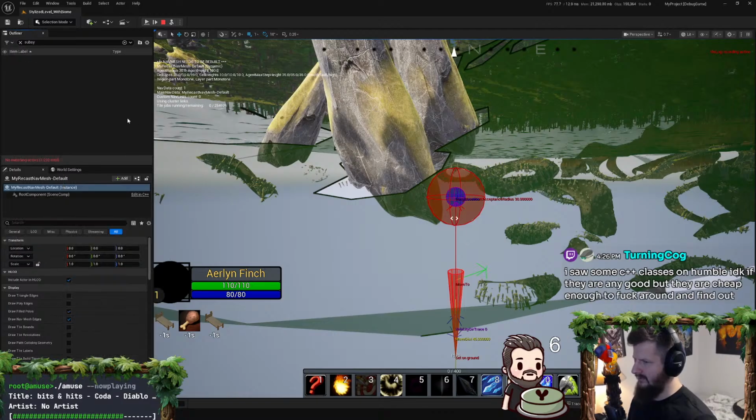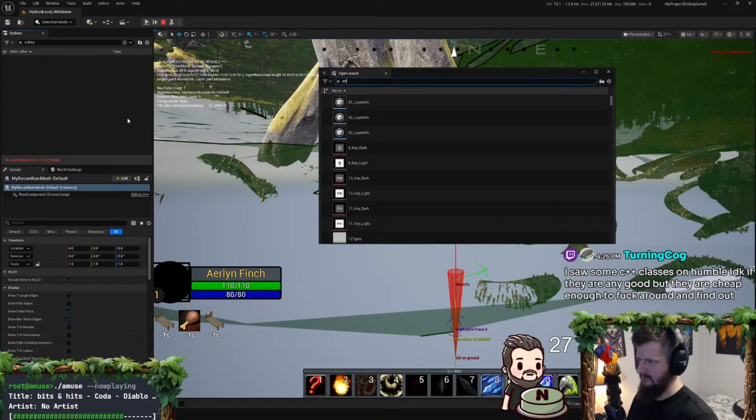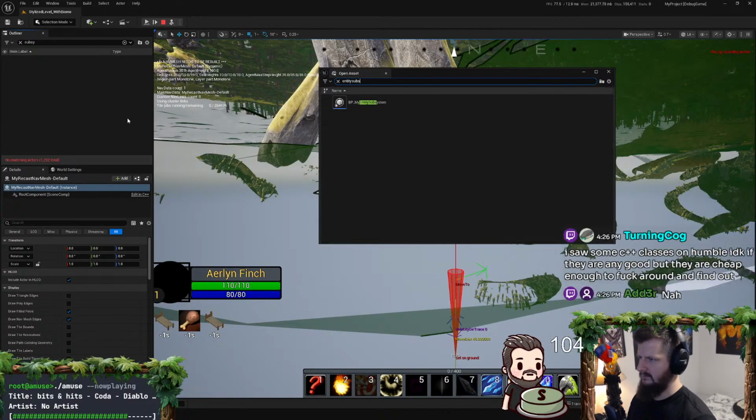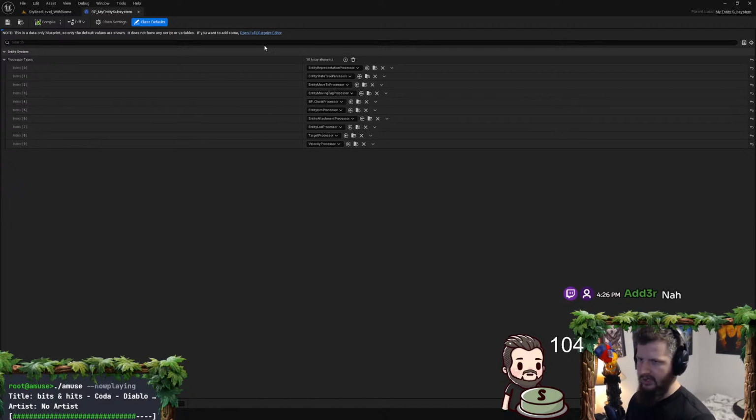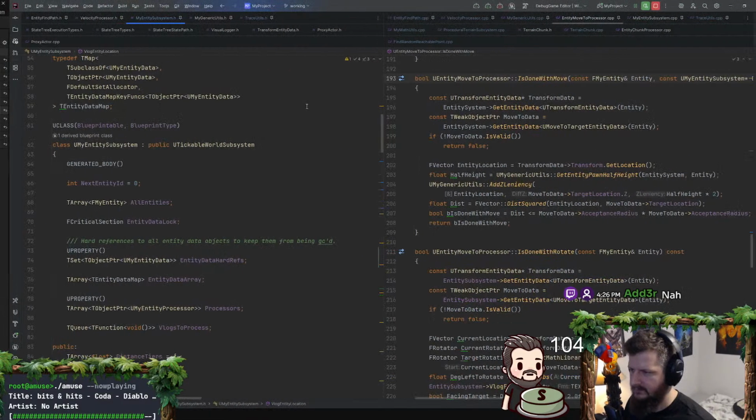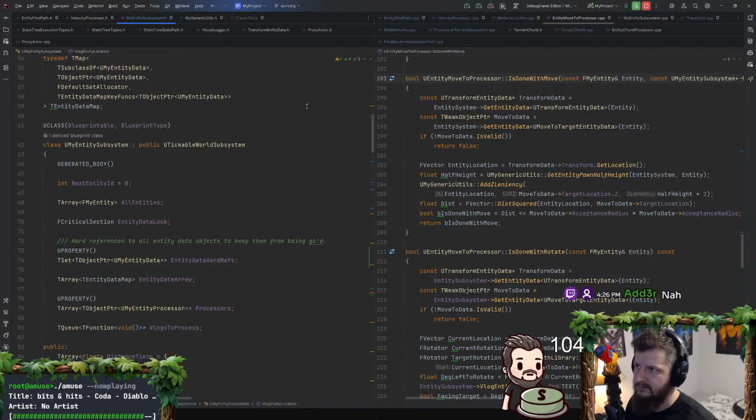Or do they just run based off of the CDO? Because then I could just change it here. I saw some C++ classes on Humble. Oh, I didn't know they did that kind of thing.